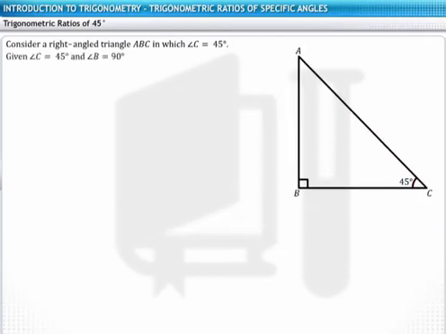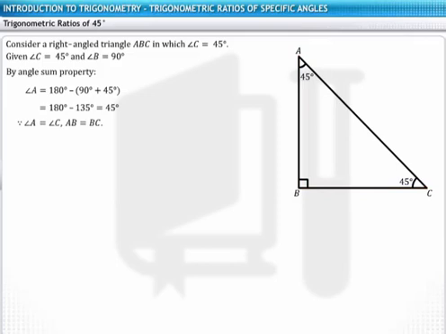Given angle C equal to 45 degrees and angle B equal to 90 degrees, by angle sum property, we find that angle A is also equal to 45 degrees. Since sides opposite to equal angles in a triangle are equal, we can say that the length of AB is equal to the length of BC. Let this length be x.